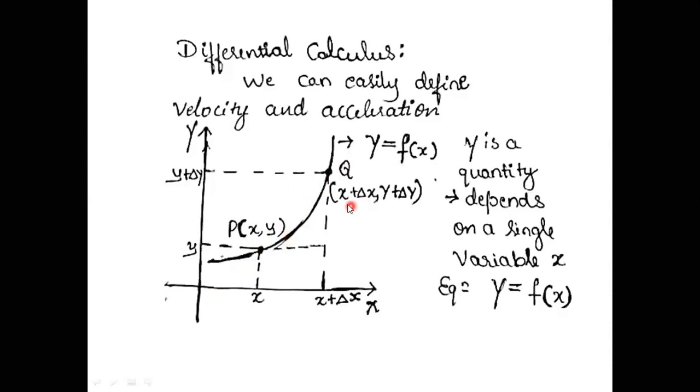Okay, you know the opposite side and the adjacent side. For tan theta, it is opposite side upon adjacent side. What's that value? The opposite side value is delta y, and the adjacent side value is delta x.